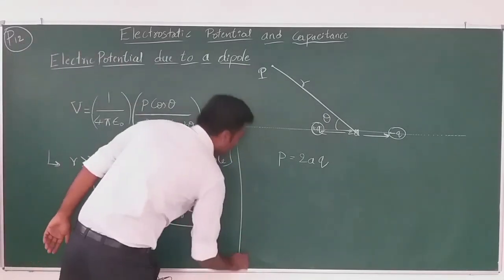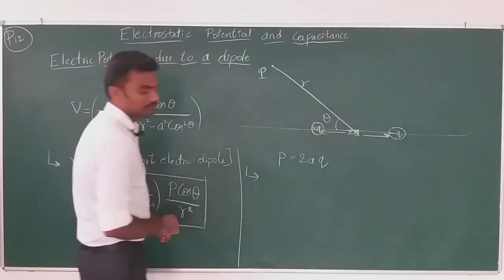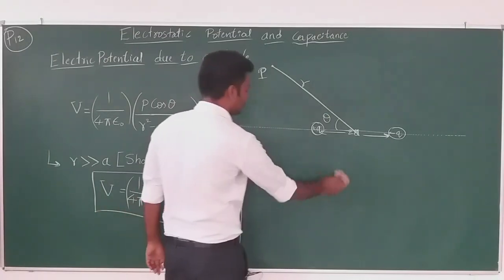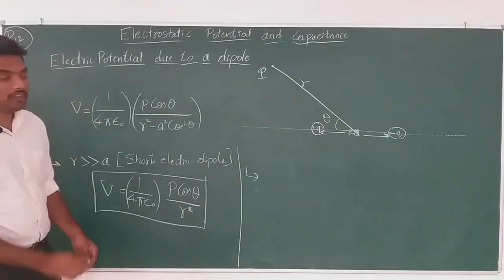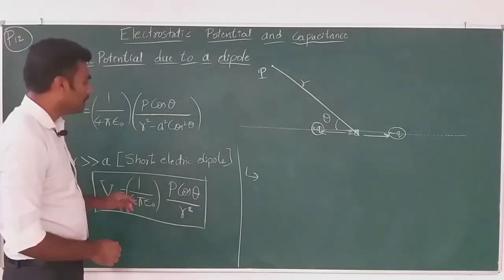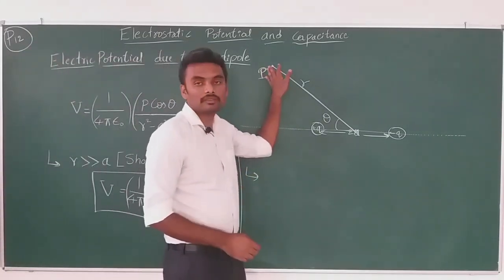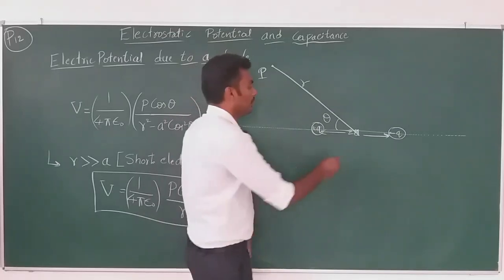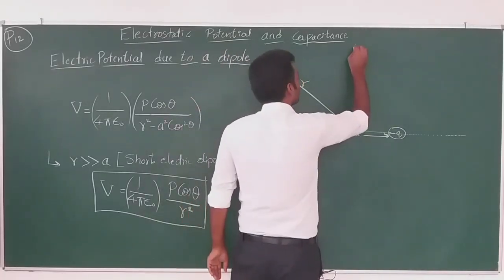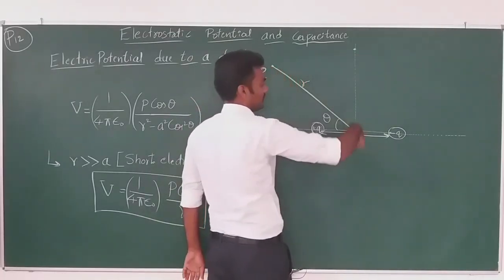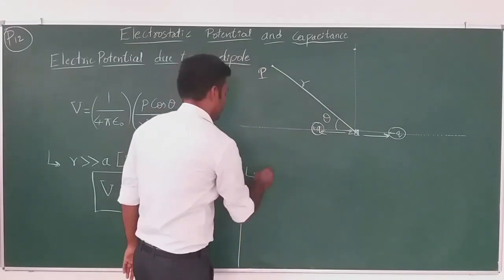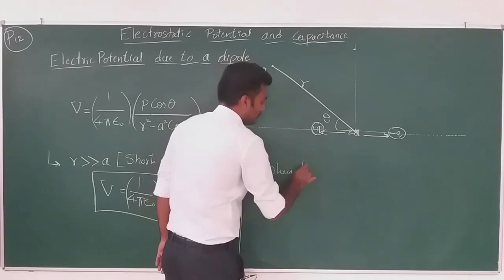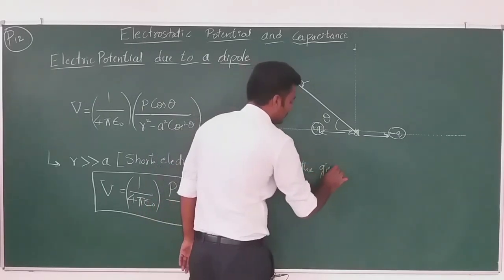Now, the second special case is when the point given lies on the equatorial line.